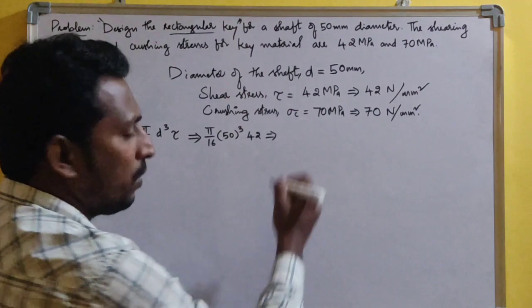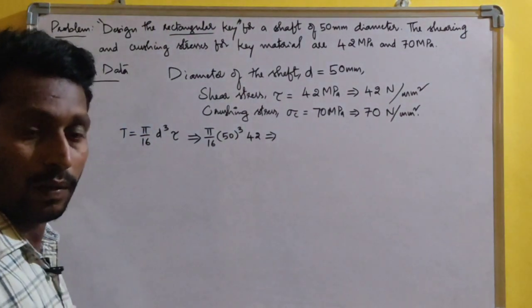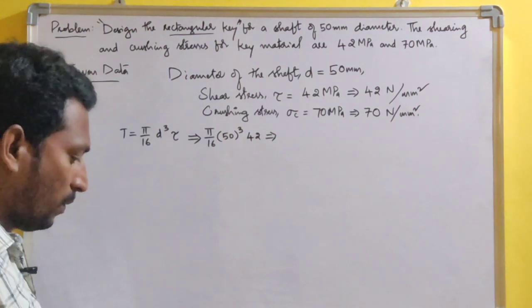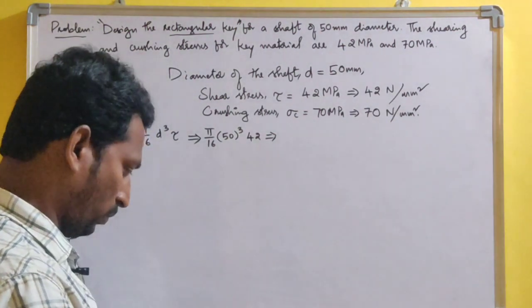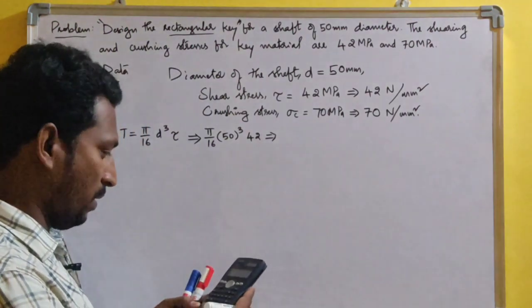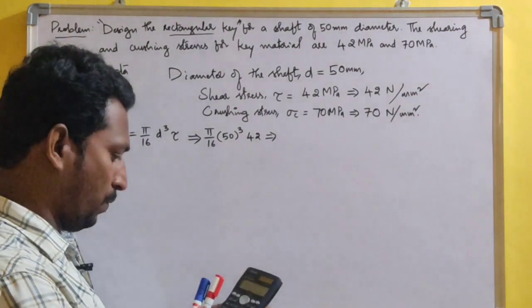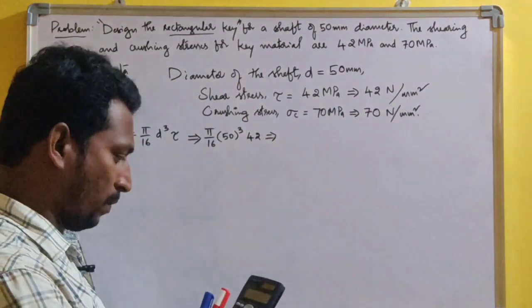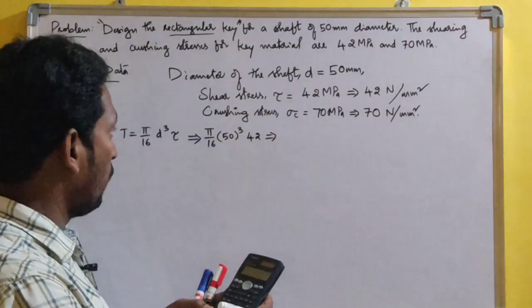So find this value: pi by 16 into 50 cube into 42.